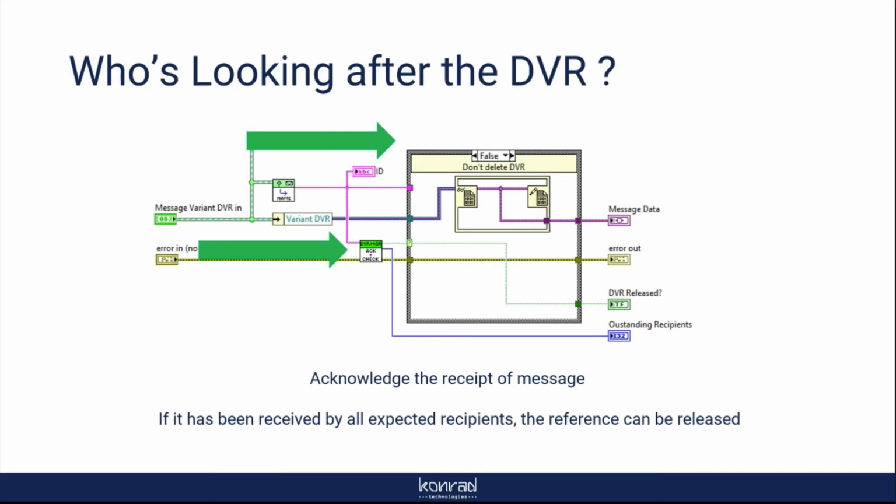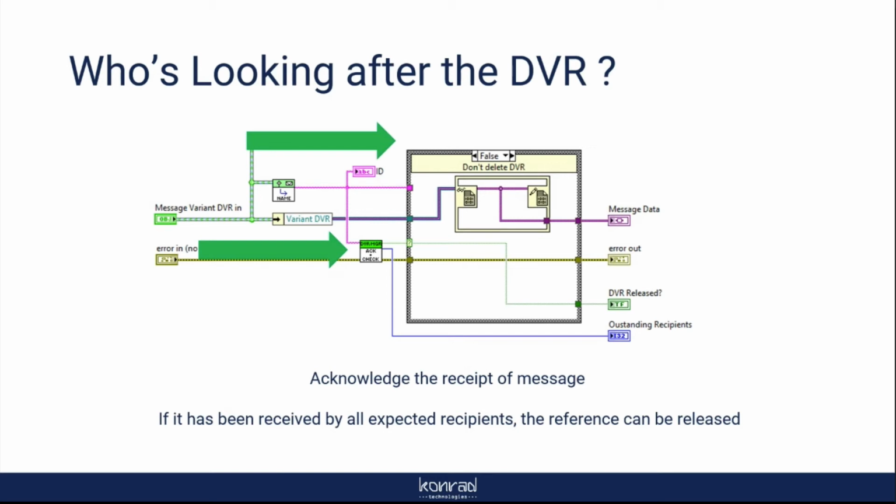On the recipient end, we decode our variant message or our message object, and we pull the DVR out from it. Now, in this particular instance, I'm showing this on a single block diagram, but we've actually moved this to be an asynchronous process. What we actually do is we decode that message object, we pull out the DVR to allow us to access the data in the recipient, and we also pull out the GUID.